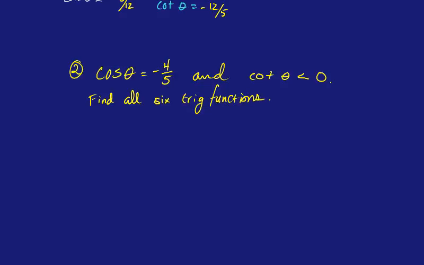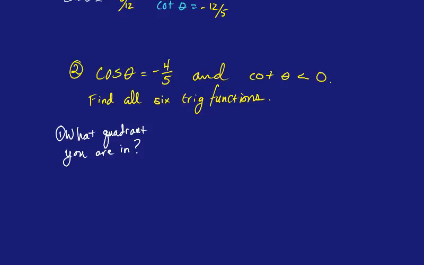So the first thing you want to do in a situation like this is figure out what quadrant you're in. If you figure out what quadrant you're in, then you can draw a triangle in that quadrant and find all 6 trig functions.